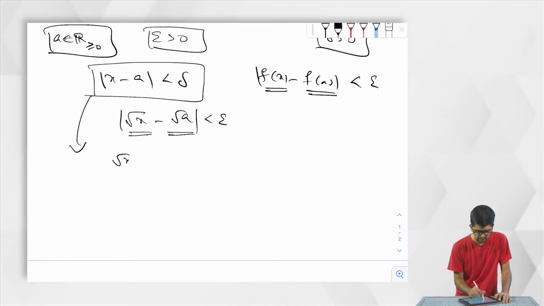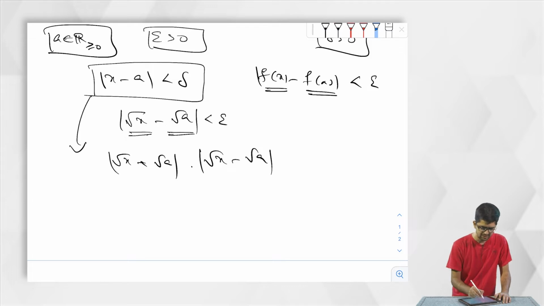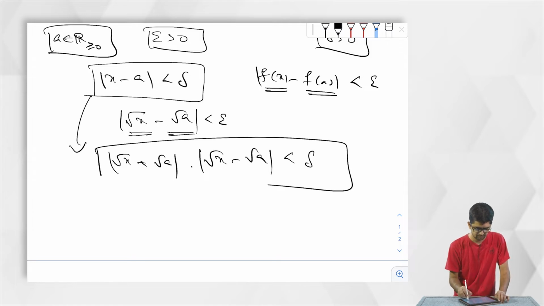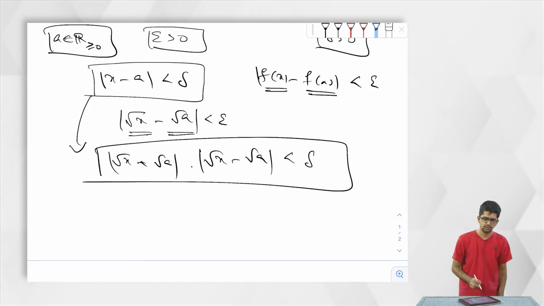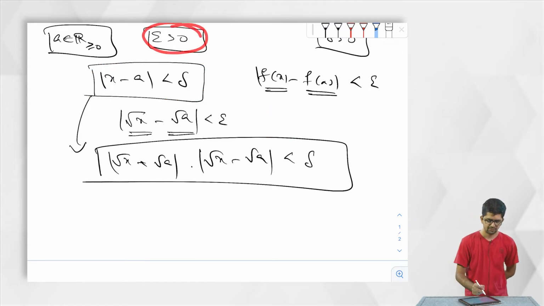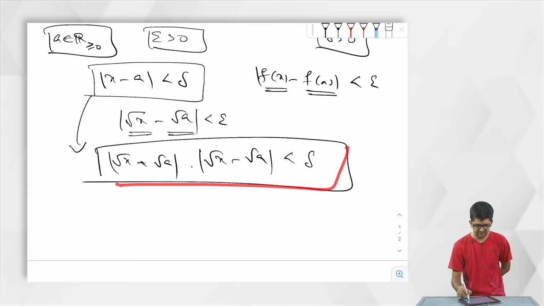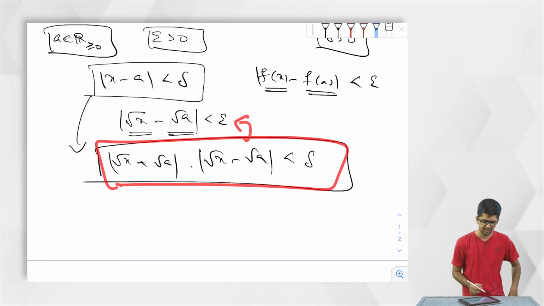I am writing this as root x plus root a times root x minus root a, and this is less than delta. So now the situation is: given epsilon positive, we are looking for a delta positive such that whenever we have this condition, that should imply the other condition.